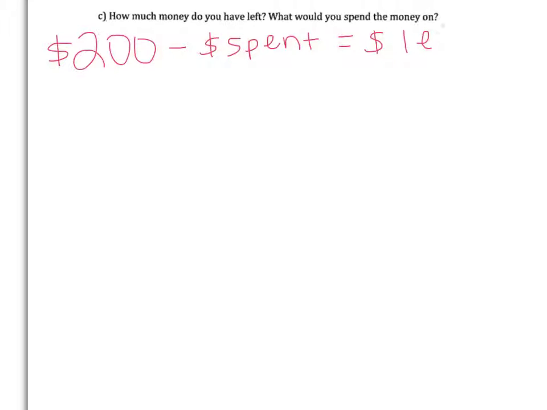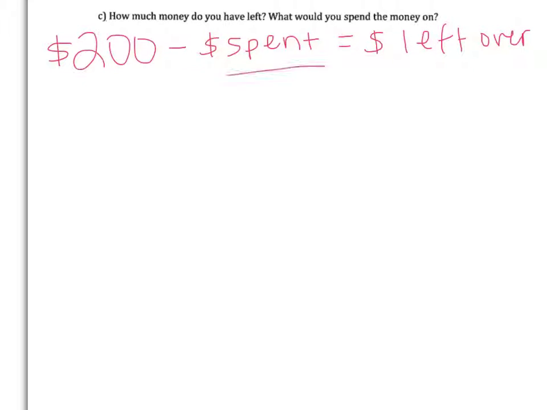So how much money did I start with? Together we started with $400, but the beginning of the problem says each of you had $200 to spend. How much money do I have left after what I spent? So I started with 200. I'm going to subtract the money spent while I was shopping to find out how much money I have left.